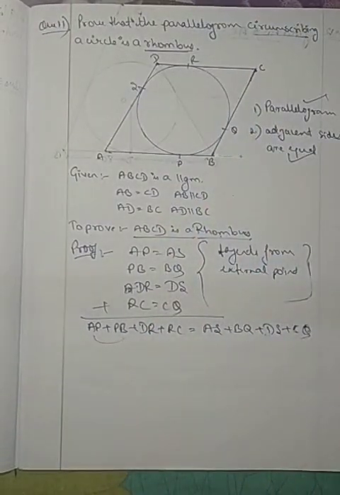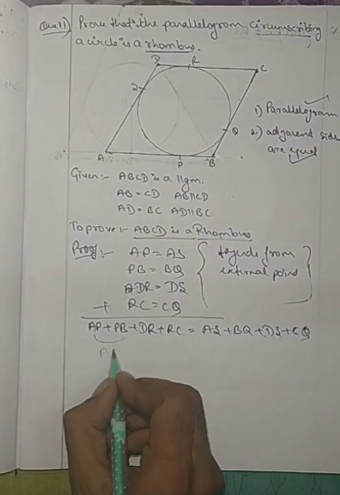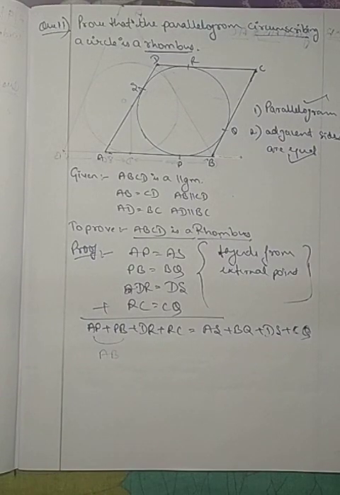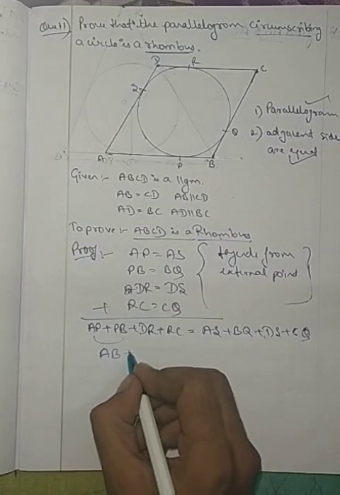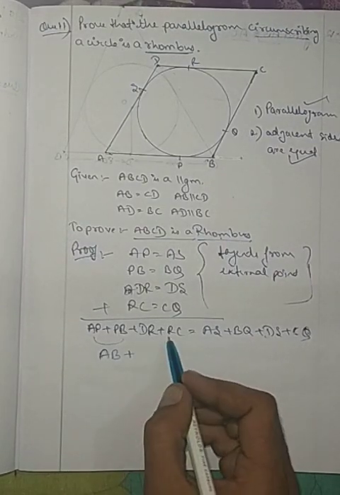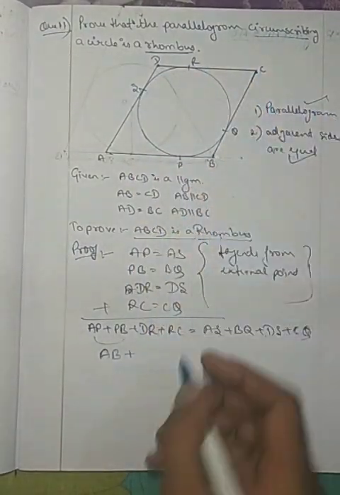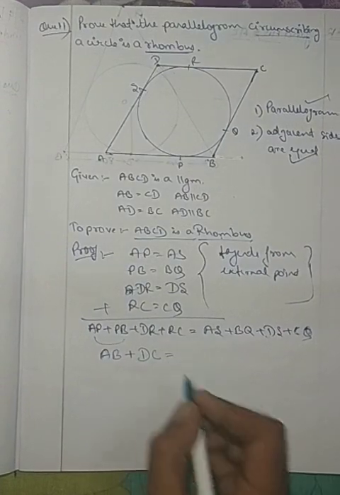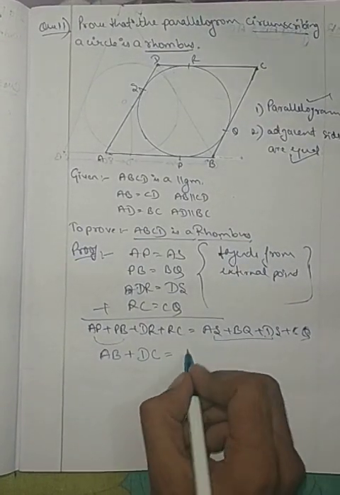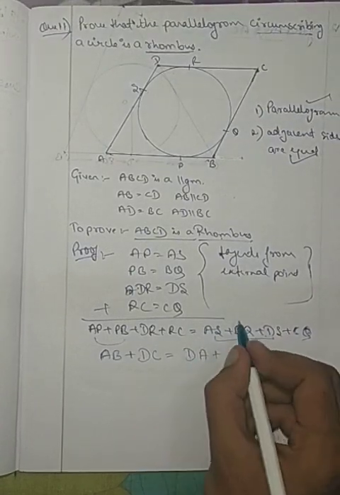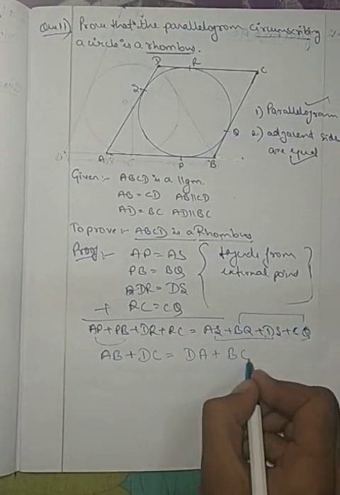Now AP plus PB will give you AB. DR plus RC gives you DC. AS plus DS gives you DA. BQ plus CQ gives you BC.